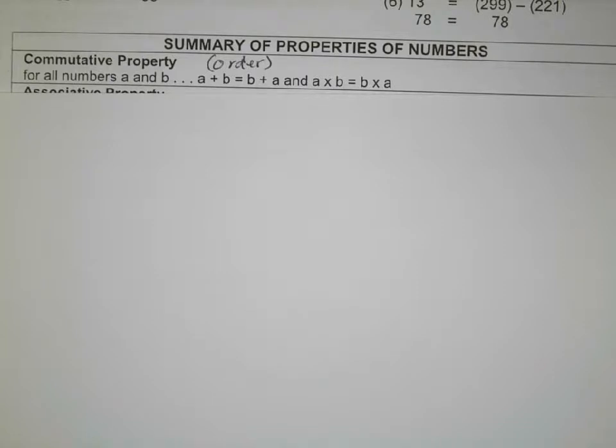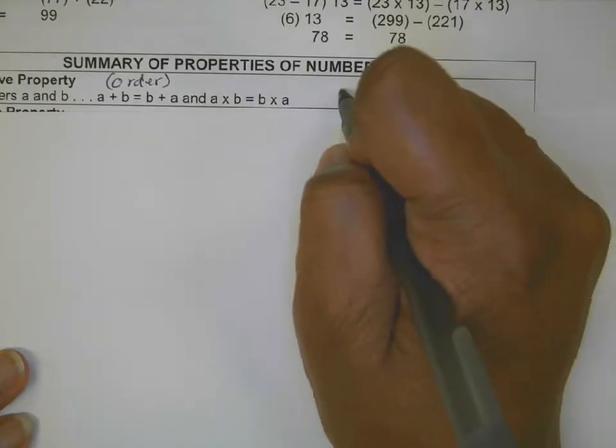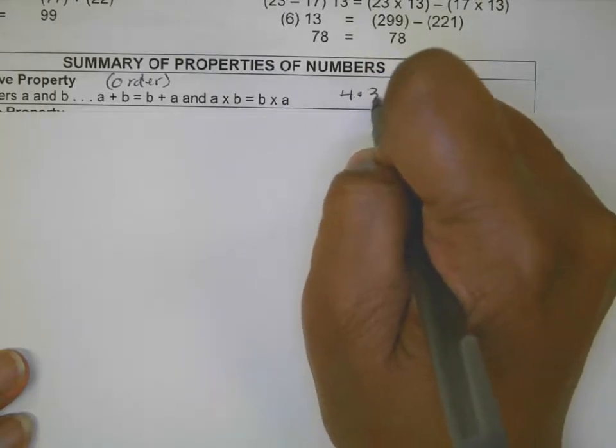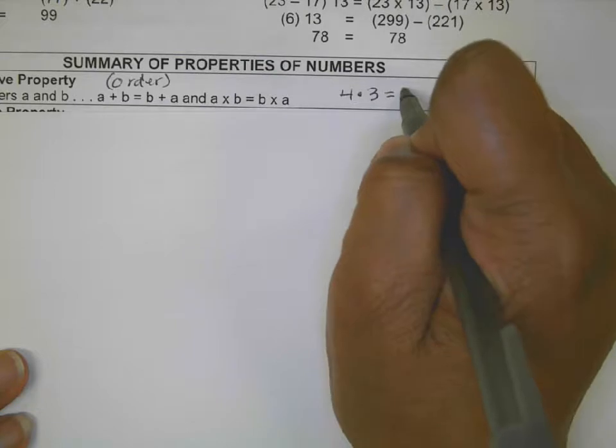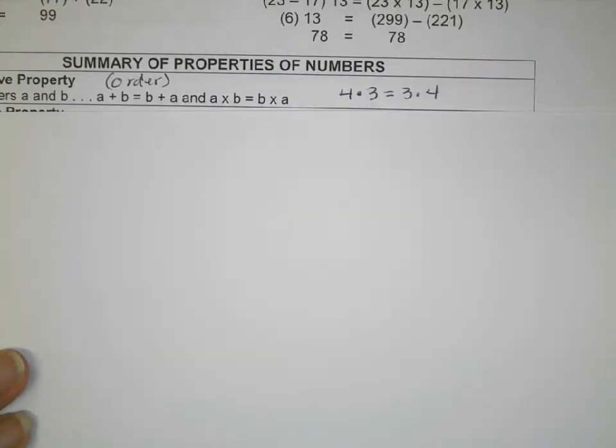Now this is only true for addition and multiplication. So let me give you a quick example. If I had 4 times 3, that's the same as 3 times 4. Both of those equal 12.